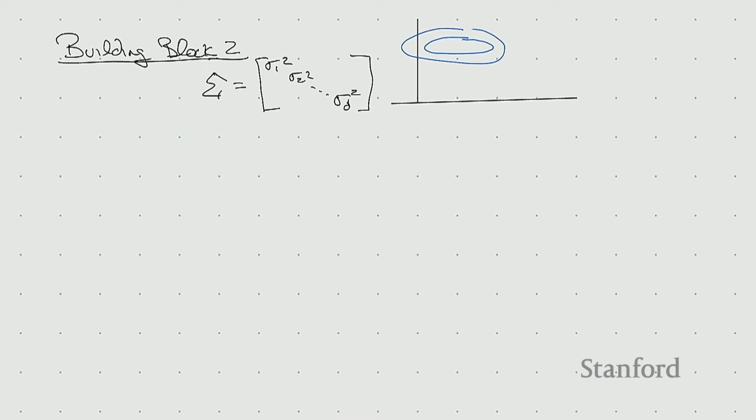It's going to be diagonal, with sigma d squared on the diagonal. Now, what does this look like in my head? These are axis-aligned ellipses. What do I mean? Well, they may differ like this.